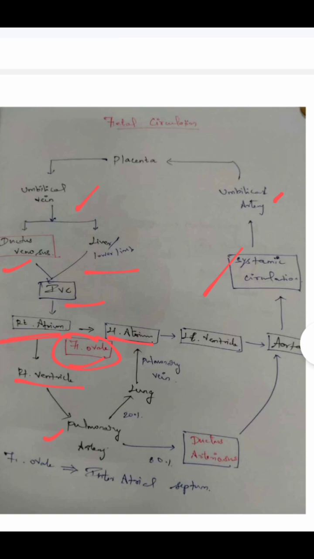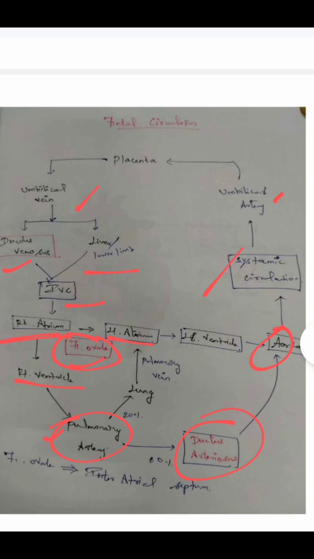Okay, there is a connection between the pulmonary artery and aorta. I'm going to show it in the picture also. Wait for it. There is a connection between the pulmonary artery and aorta, that is called the ductus arteriosus.